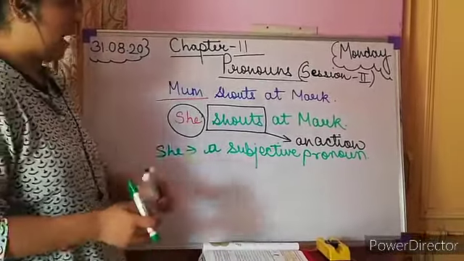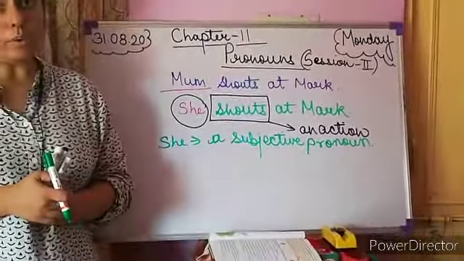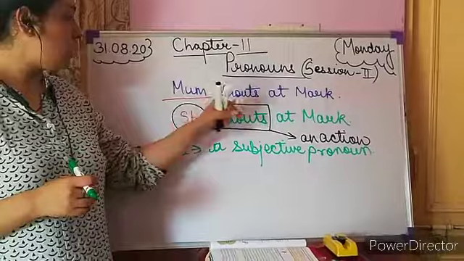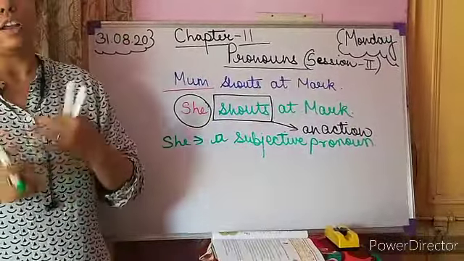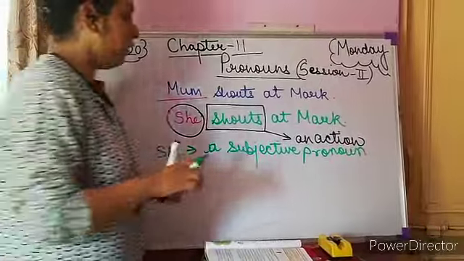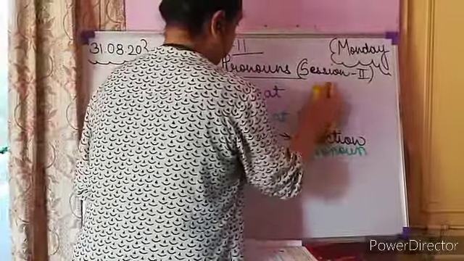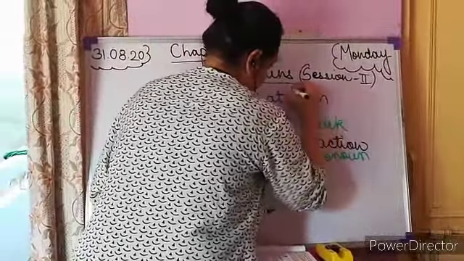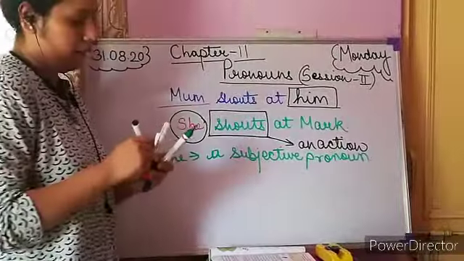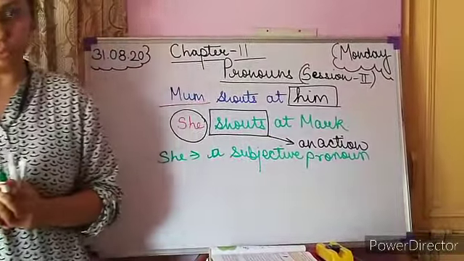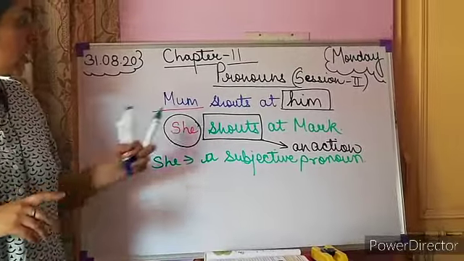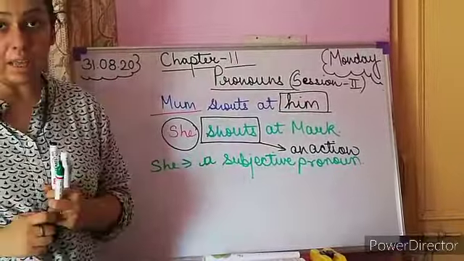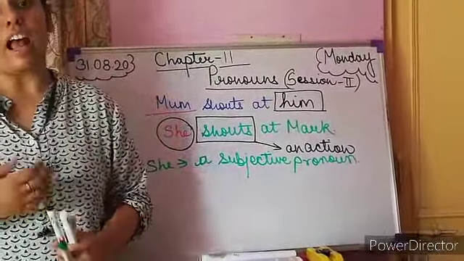Now let's go back to this sentence. I told you this is Mark. He is unhappy because Mom shouts at Mark. So Mark is a repetitive noun. So in place of Mark, we can write him, as him is also a pronoun. Here, Mom shouts at Mark, or you can say Mom shouts at him. Him is actually receiving the action.